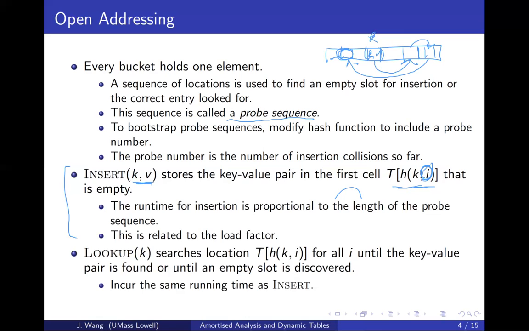So the runtime of doing so is also proportional to the number of probes it takes to find the item. Okay, so this is pretty straightforward. The idea is straightforward. And then, of course, how do I come up with such an H and the number of probes taken?